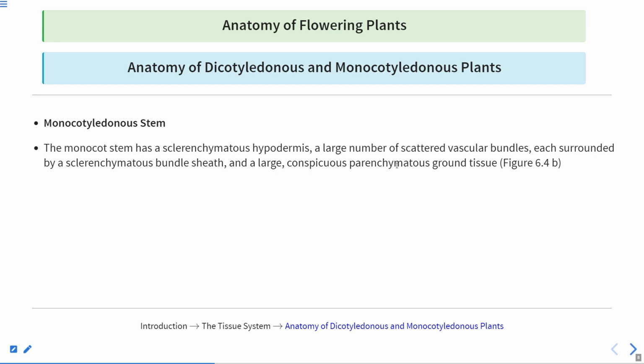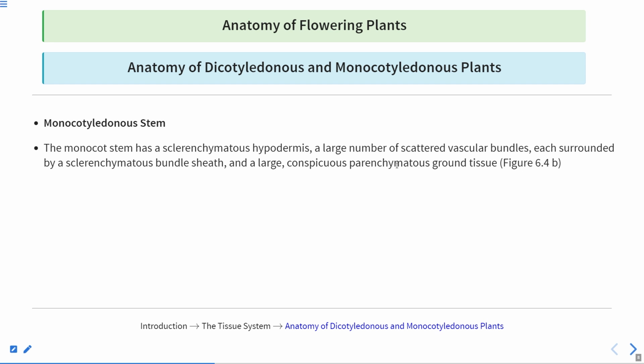We have seen the difference on the basis of the epidermis, because the epidermis does not give rise to any hair-like structures, the trichomes. In the monocotyledonous stem, we see the difference in the epidermis layer and in the hypodermis layer. In the dicot, they have collenchymatous cells; here, sclerenchymatous cells.